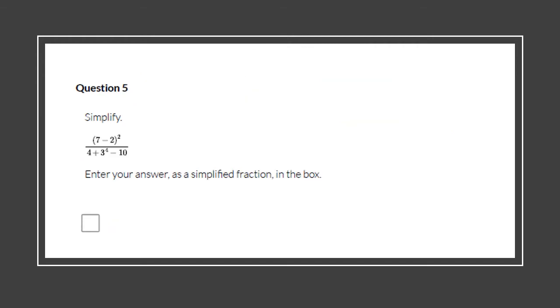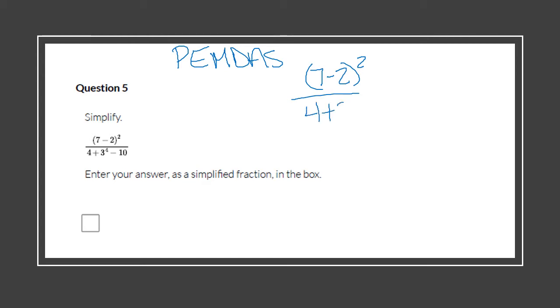Okay, on this one, you've got a lot of different things going on, so let's write our problem. Okay, so I'm going to change my color up here, and I'm going to do the top of this equation first.